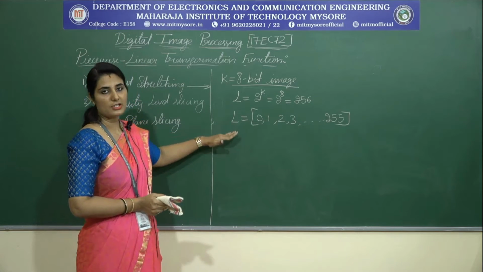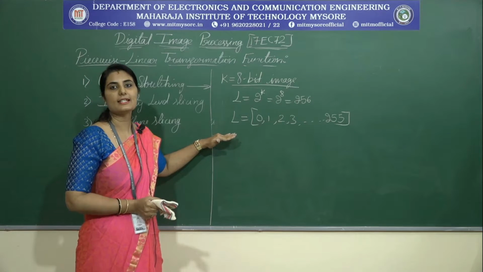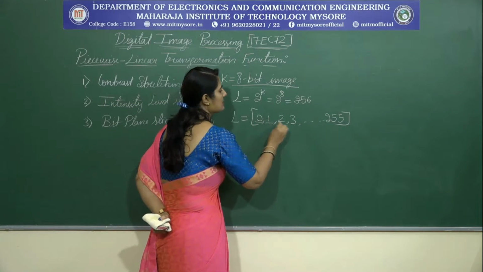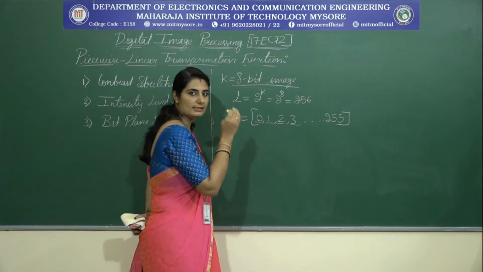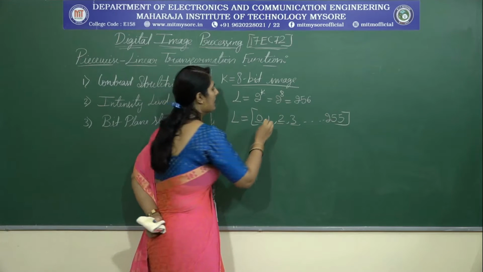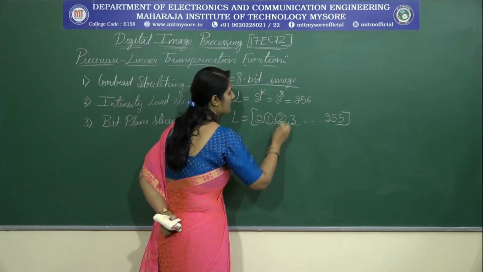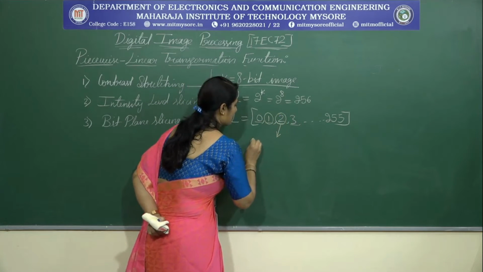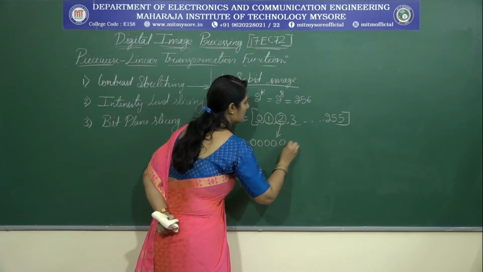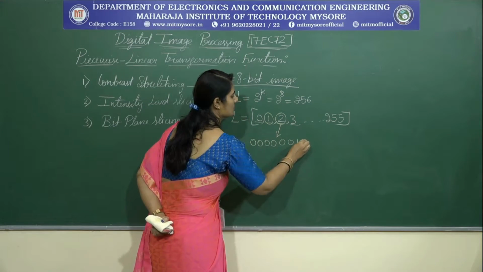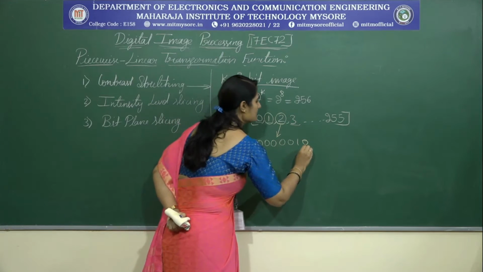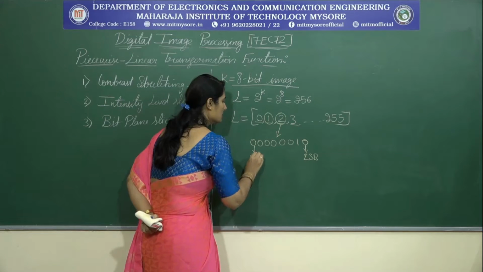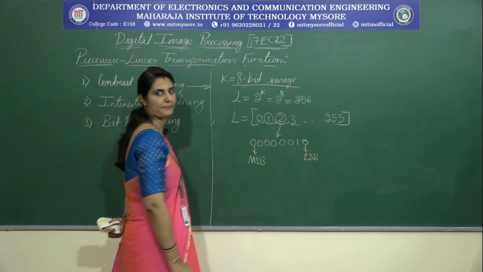Each pixel has a certain intensity level, and if I consider this pixel in this 8-bit image, it is represented by 8 bits. Okay, and this we call the least significant bit, and this bit we call the most significant bit.